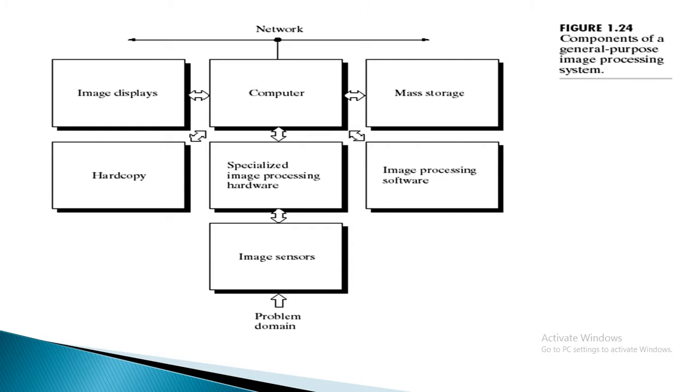Then we saw a computer, then we came to your image processing software, and from there we have also moved to your storage, image displays, and then we have moved to hard copy. So all these things have been covered in the previous class. So we have seen a number of things here, how the image sensors work, how they capture the image, and then how they give it to your hardware, then which are the various computers which could be used for your image processing. All those things we have seen in the previous class.